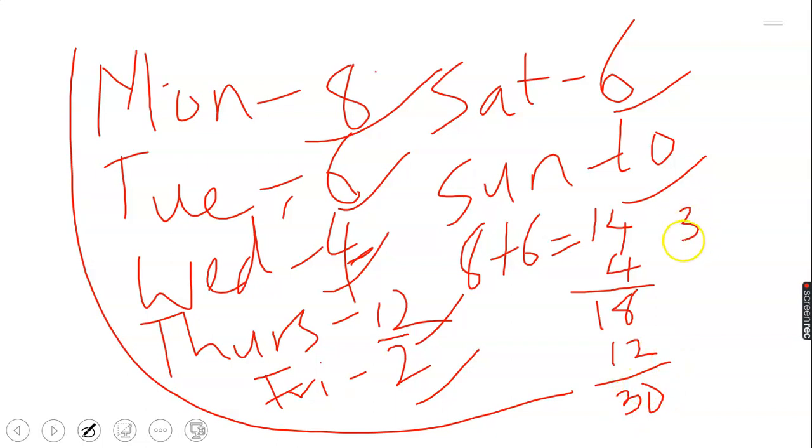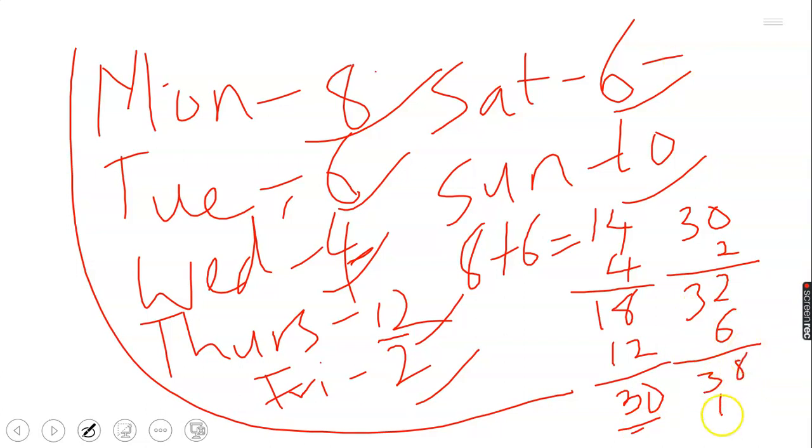She took 2 on Friday. So 2 plus 30 will give us 32. Then on Saturday she took 6, then we have 38. And on Sunday she took 10. We have 48 chocolates she took in all that 1 week. You can see that a graph will give us a picture of what we can actually put down in a lot of figures or letters or words.